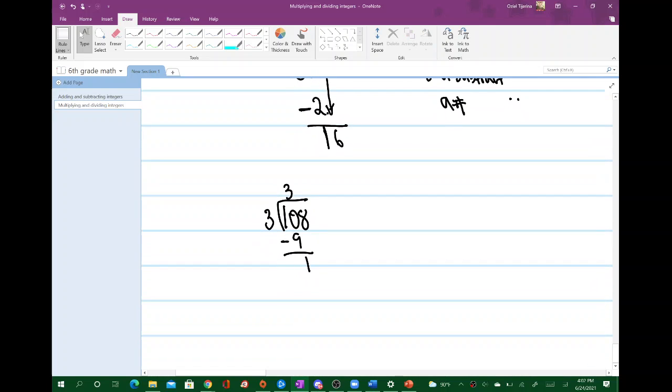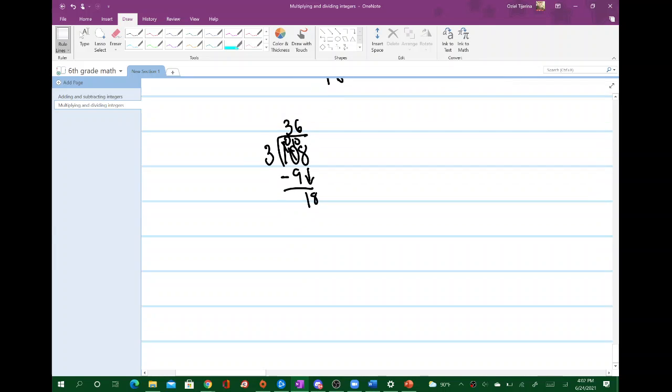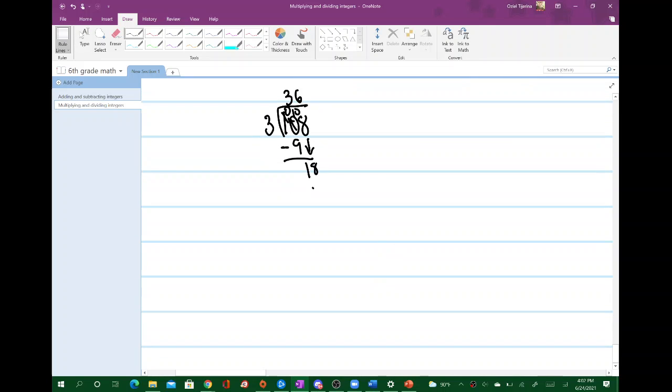We subtract, and 10 minus 9 is 1, and then we bring down the 8. Well, what is 18 divided by 3? That's 6, right?